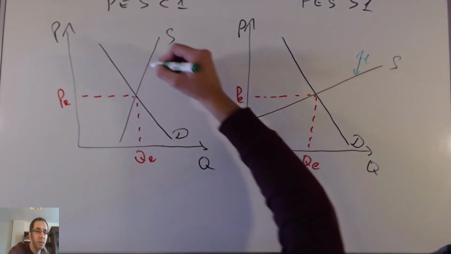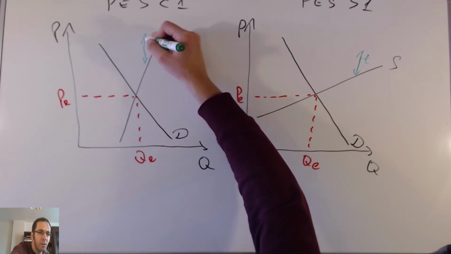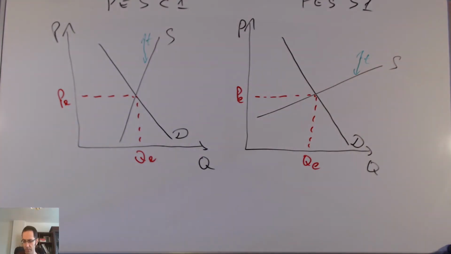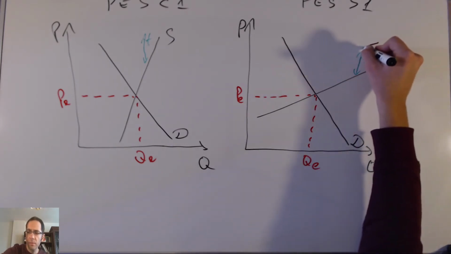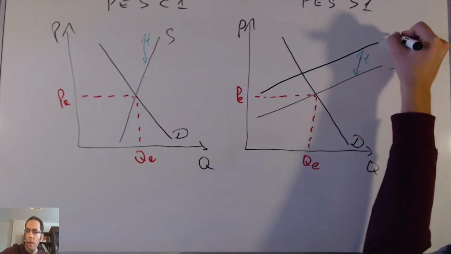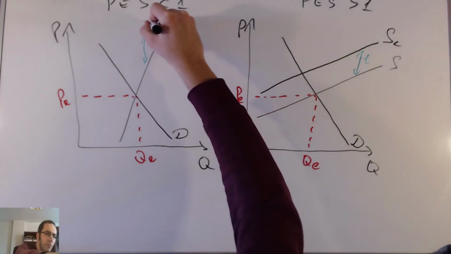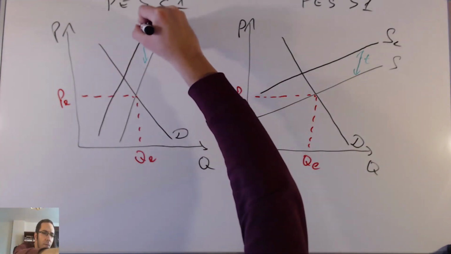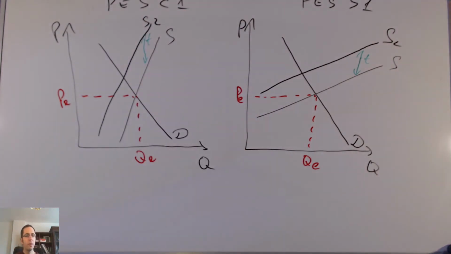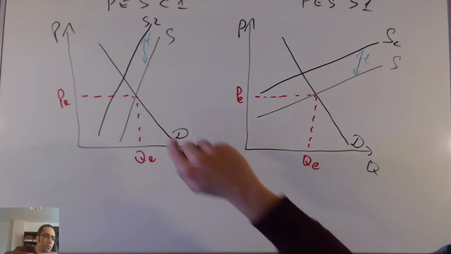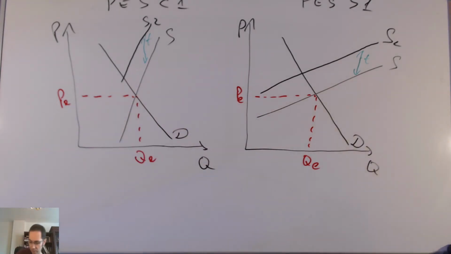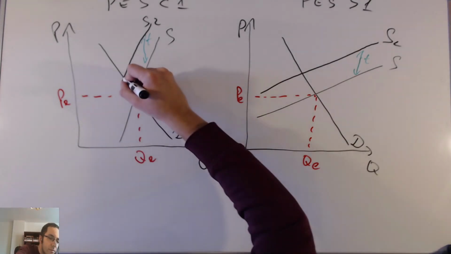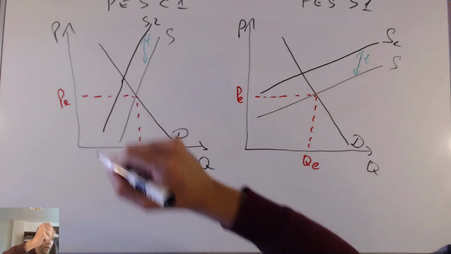So this is my tax, this is my tax, and the new supply curves will be S2, S2, yeah, this one did not come out quite right. That's better.